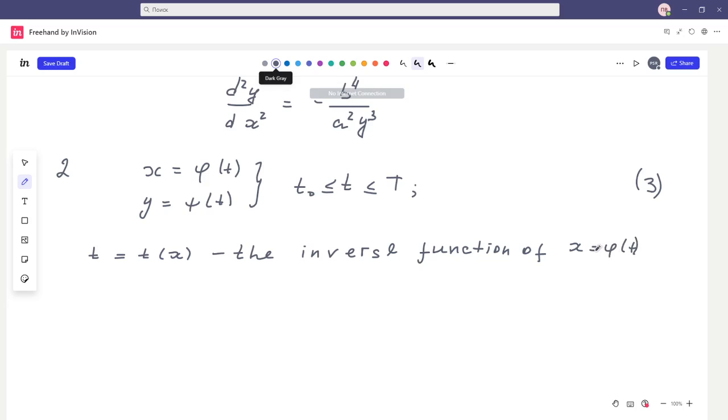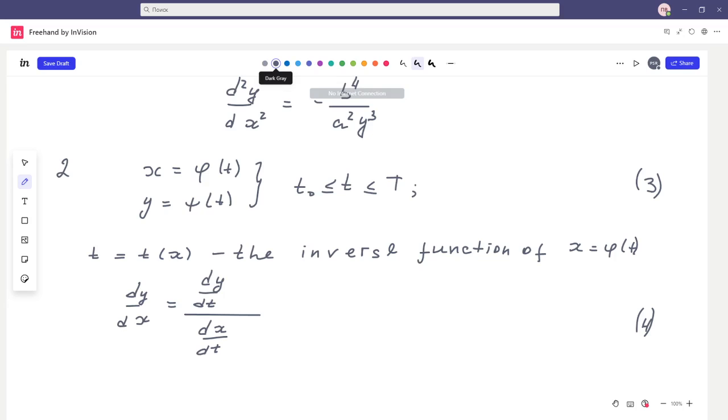On the interval from t0 to T, dy over dx equals dy over dt over dx over dt, the fourth formula.